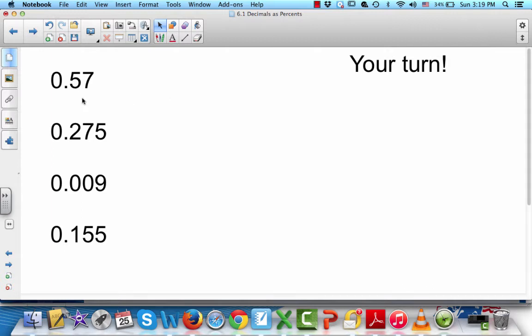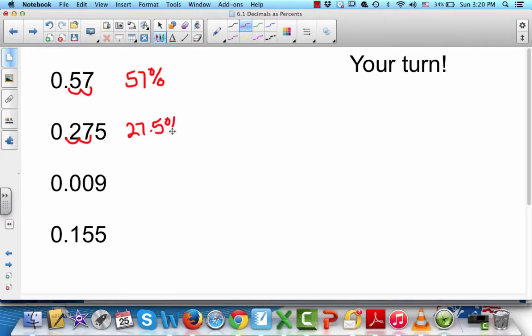Okay, so we've got 0.57. We're going to move the decimal 2 places to the right. 1, 2. And our answer is 57%. 0.275, we're going to move the decimal 2 places to the right, and our answer is 27.5%.